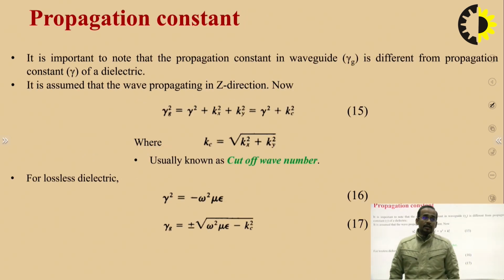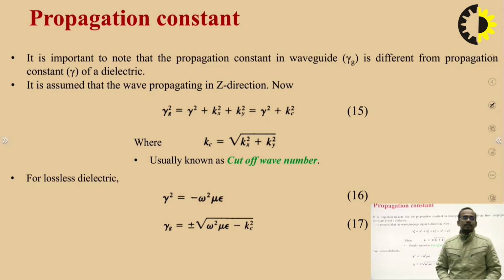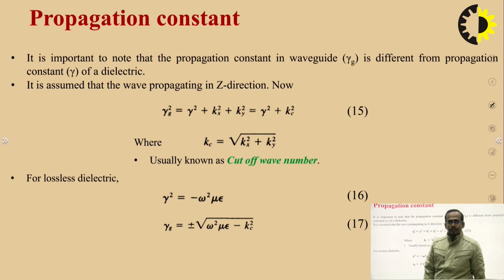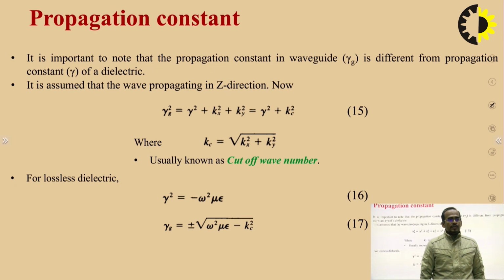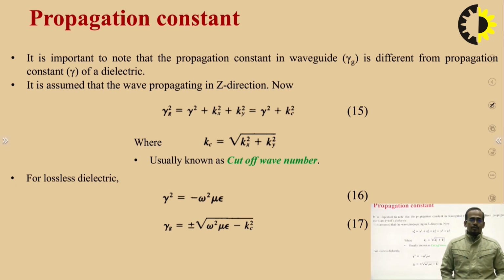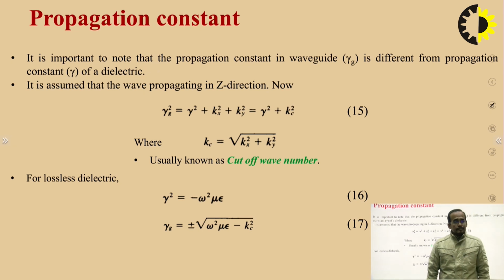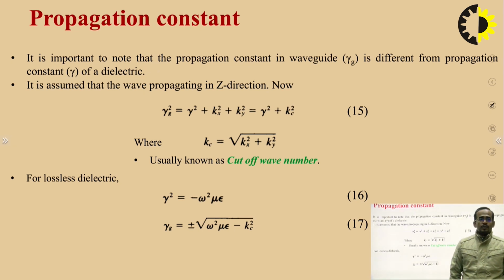Now how will you find the propagation constant in this case? For finding the propagation constant, I will assume that the wave is propagating in the z direction. So gamma z square will be equal to gamma square plus kx square plus ky square, that will be equal to gamma square plus kc square, where kc is the cutoff wave number.